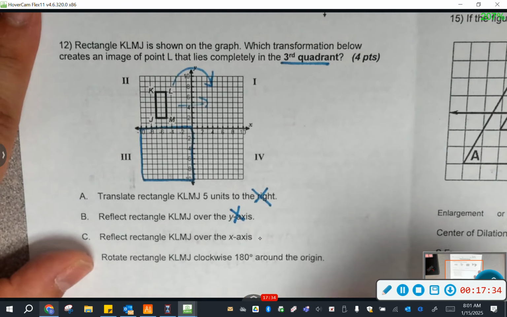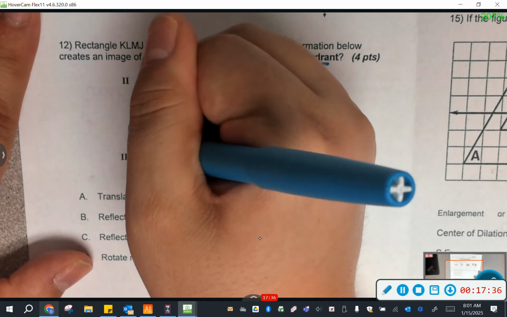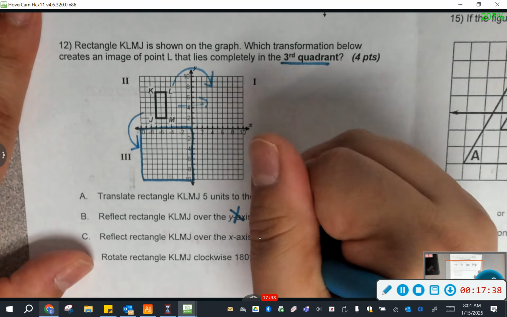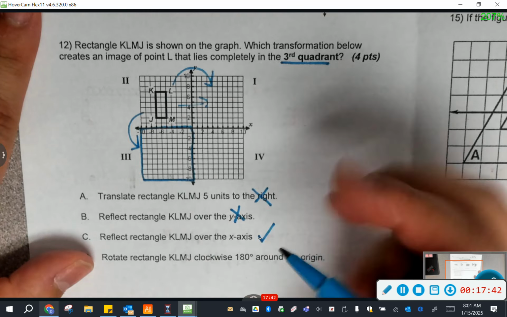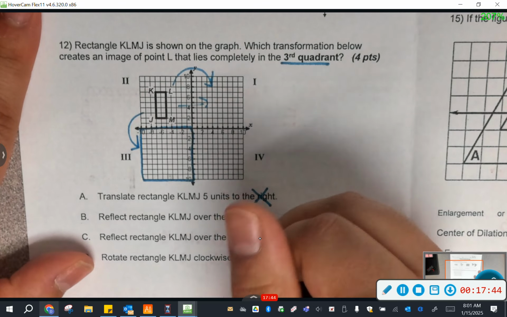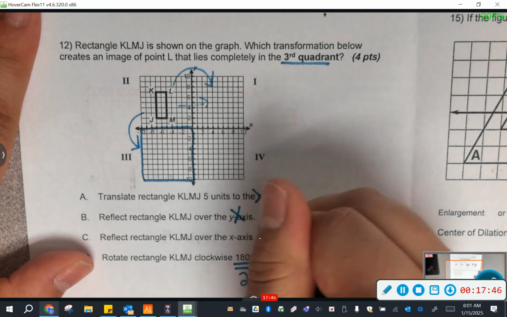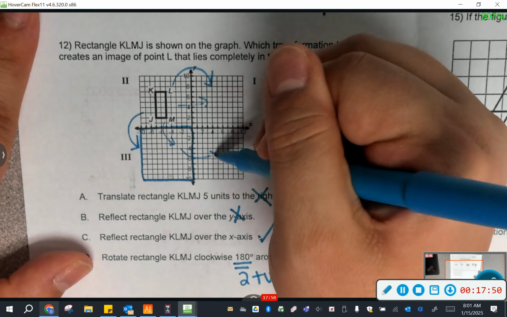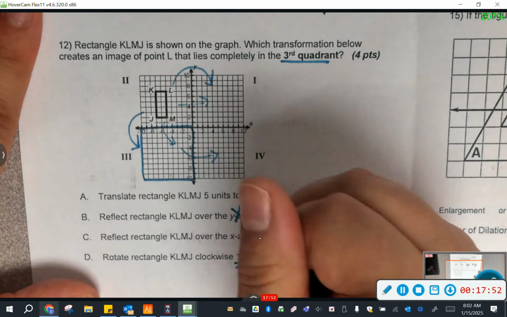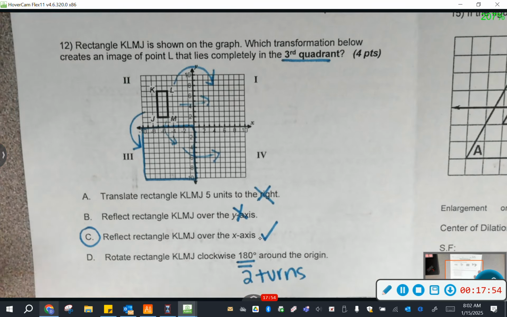No. What if I go over the x-axis? Will that get me in the third quadrant? Yes. And then rotating 180. Remember, 180 is how many turns? 2 turns. So if I turn 2 times, is that going to get me in the third quadrant? No. So C is the answer.